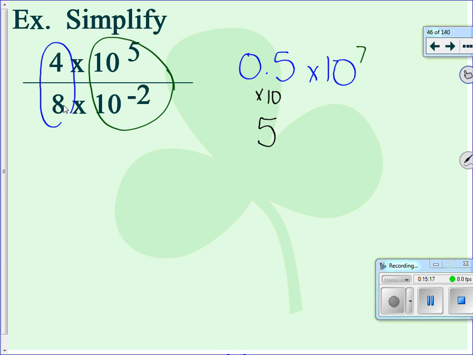Now, if I multiply this by 5, yes, DJ? Well, if you multiply a number by 10 and you want to keep the number the same, what do you then have to do to it right away?